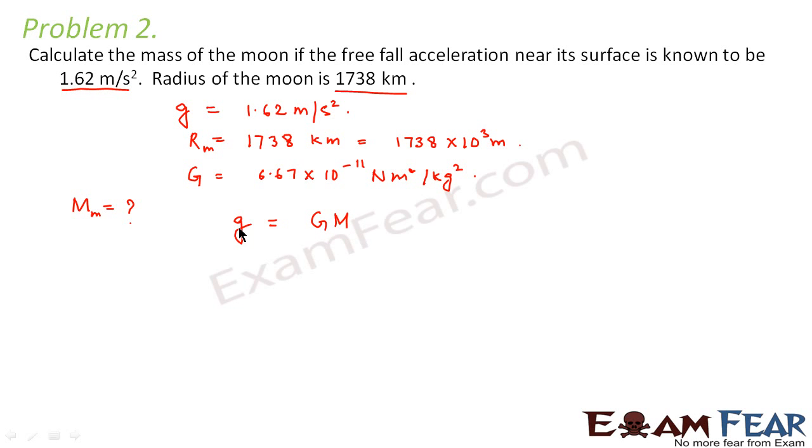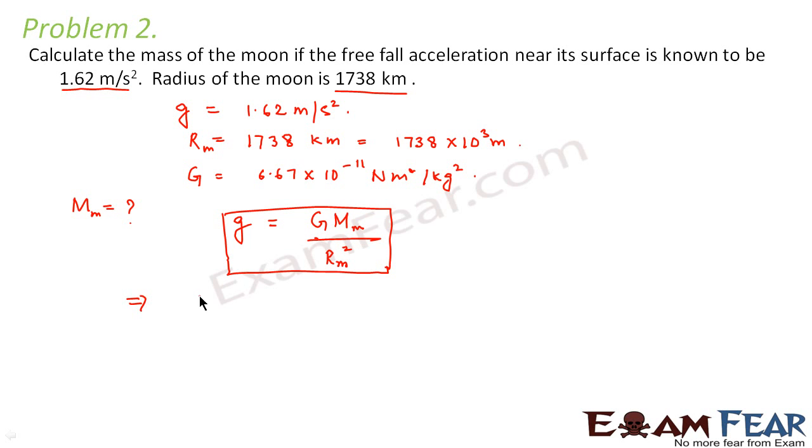Till now we were talking about Earth. So here it would be M_m divided by R_m squared. So this would be the expression for acceleration due to gravity on the surface of the moon: g is equal to GM_m divided by R_m squared.